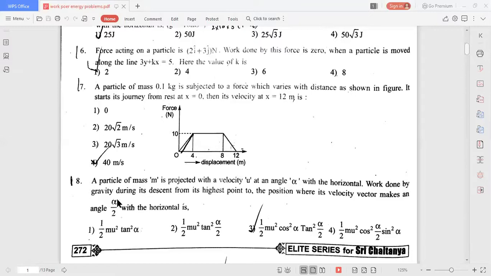Work done by the gravity during its descent from the highest point, from the highest point to the position where the velocity vector makes an angle alpha by 2. So whenever the particle reaches a certain position, the velocity direction makes an angle alpha by 2 with horizontal. At that time, what is the work done? So work done in this case we have to find.